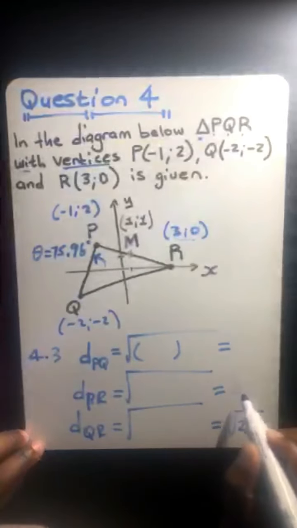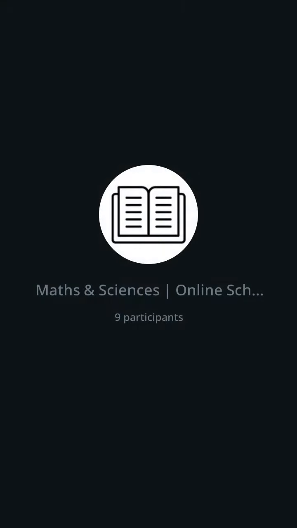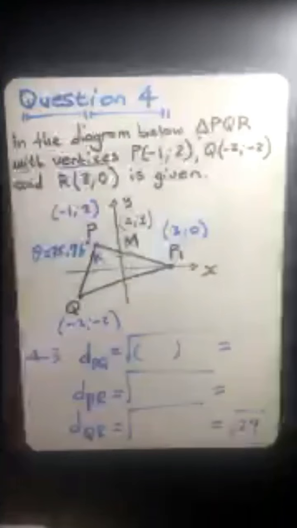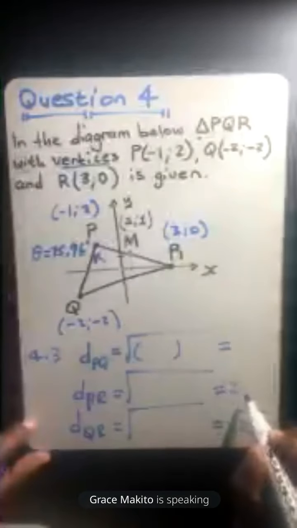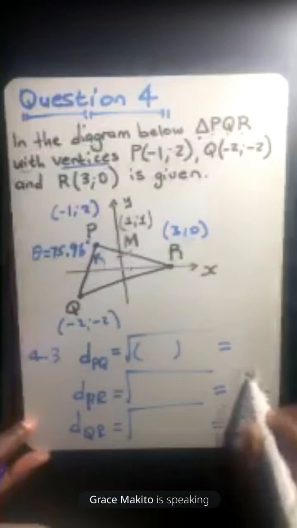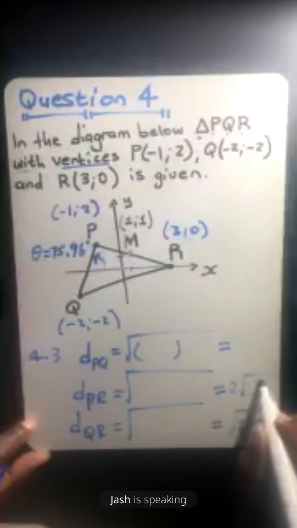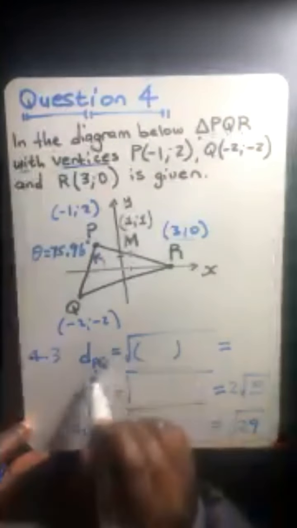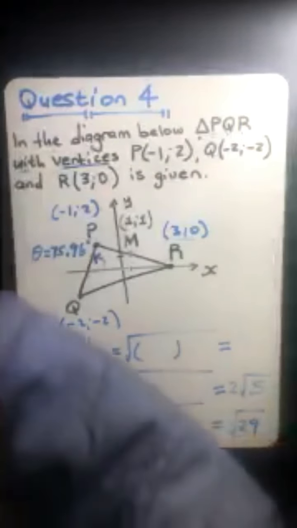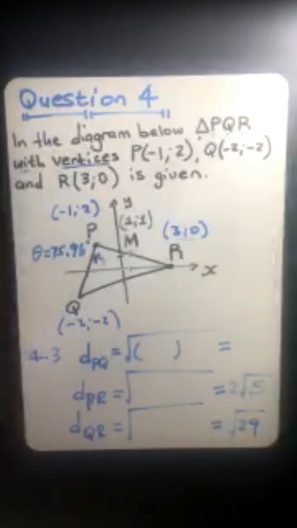Is it correct with your colleague there? Are you also getting the same thing? Yes, sir. Okay, 2 square root of 5. And then PQ.